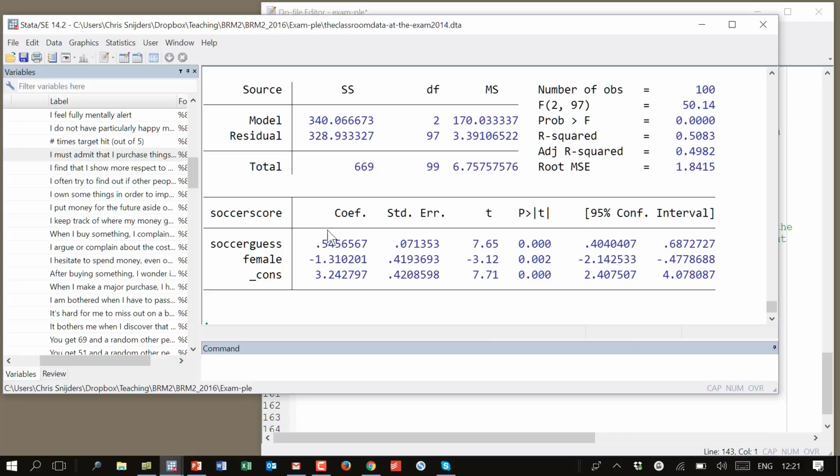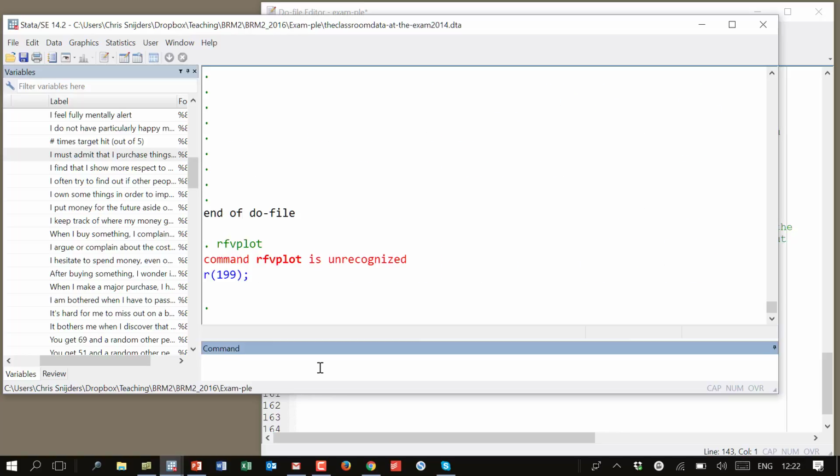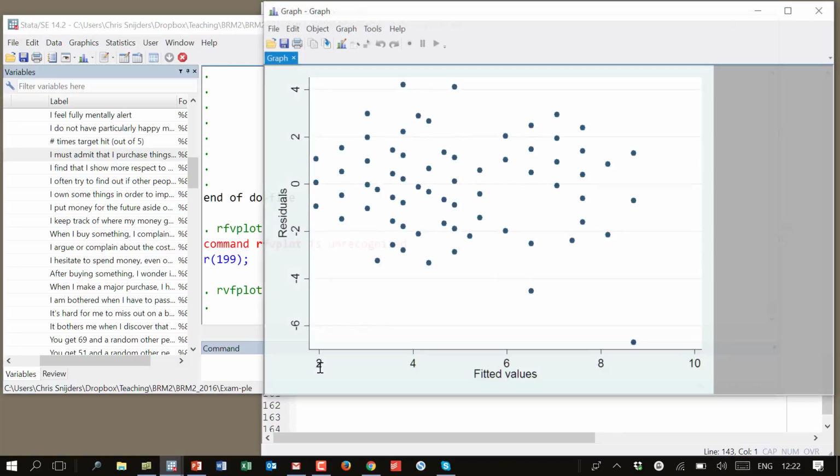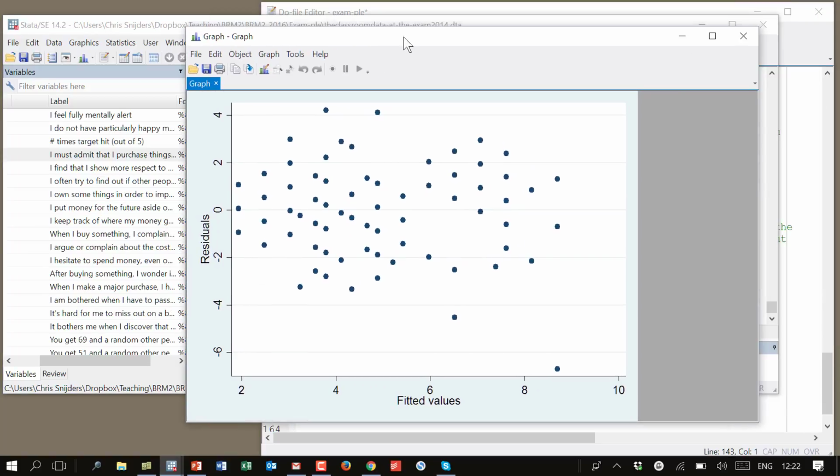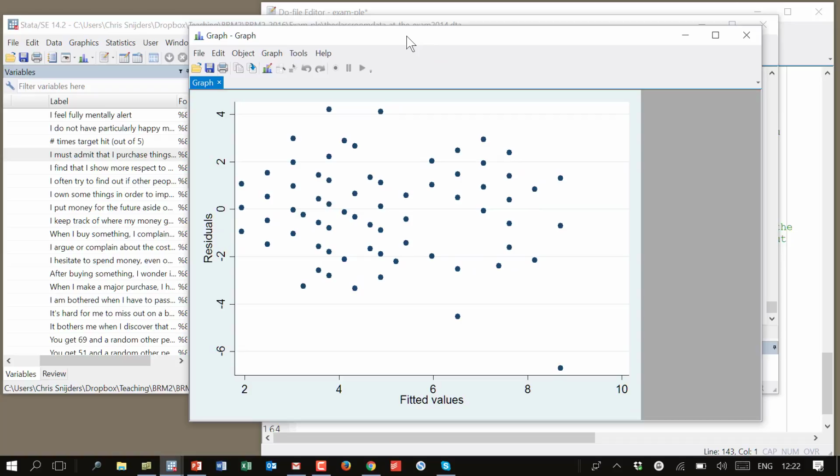And now there are a couple of plots that you can use to stare at. This is one. RVF for residual versus fitted.